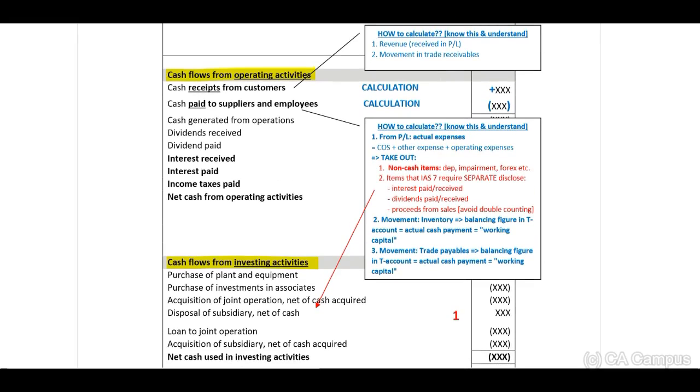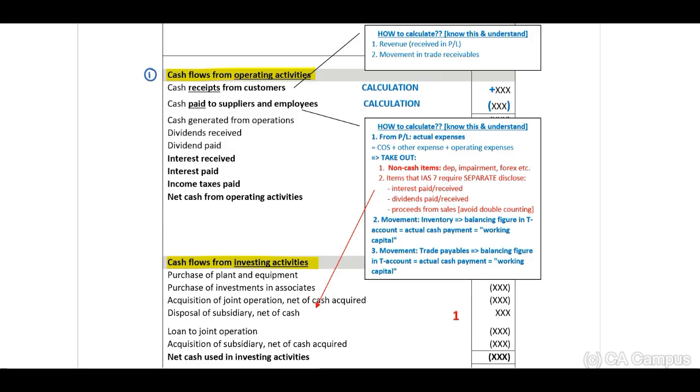Our first category, cash flows from operating activities. Now, what are our operating activities? What is this, guys? This will be the actual business of the entity.